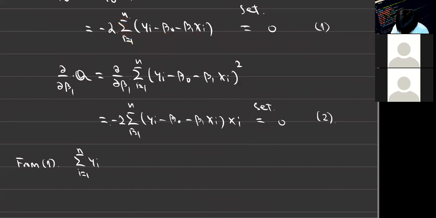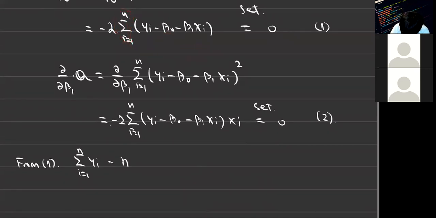So let's try that. This is going to be summation yi, that's our first term, minus, technically speaking, summation i from 1 to n beta 0. But that's essentially just n of them, right? Because beta 0 doesn't have the running index i in there. So if I have n terms added together, that's just going to be n times beta 0. So when you distribute this to the second term, it will give you n beta 0.